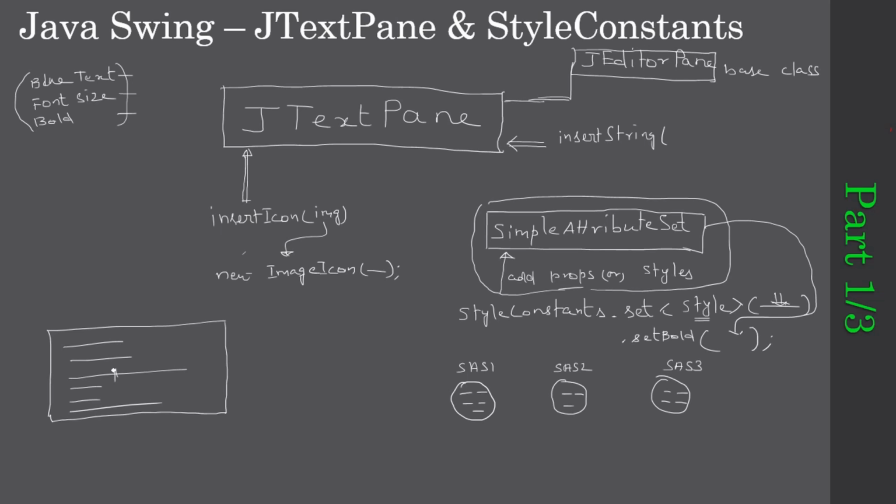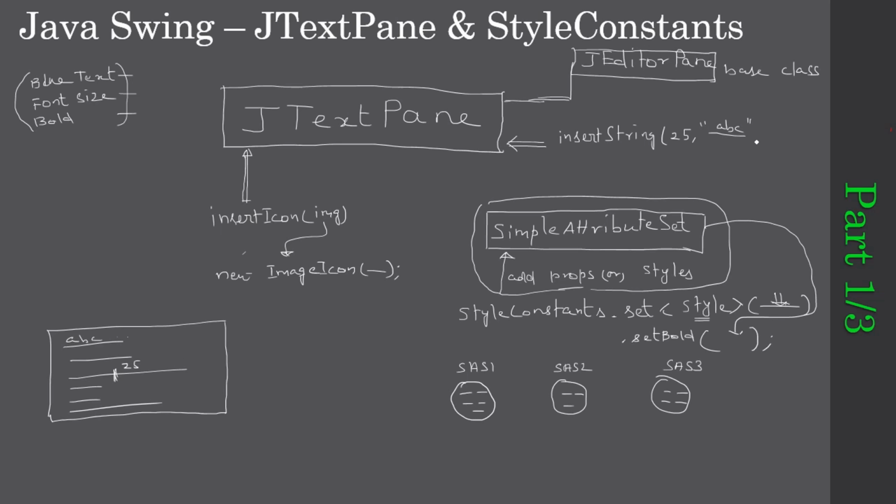Say this is the JTextPane, and here is the document content. The offset provides the text position, character by character. If the position is 25, that is where you want to insert the string. Then you specify what string you want to insert. If it is ABC, it will get inserted at this location.